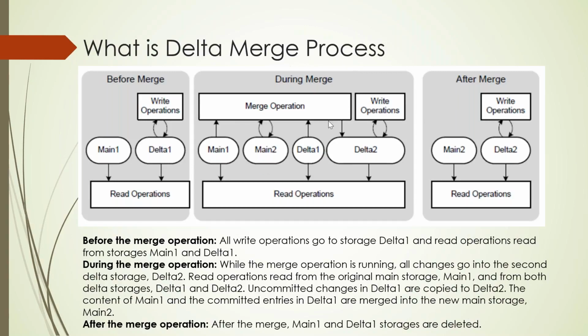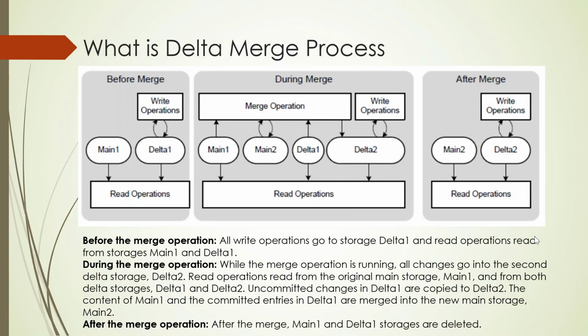The delta merge process cleans the old data and the data which is not required. After the merge you will see main two and delta two, and this process continues in the HANA system. This is just for your understanding of how it is done in these systems. This happens in the background, and this process continues.